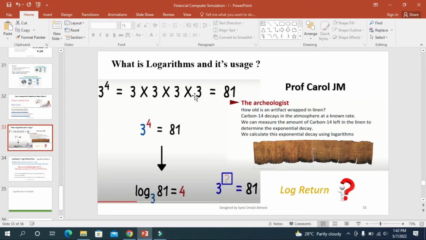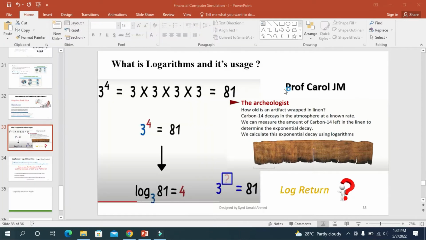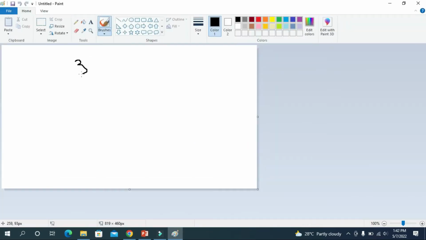This is a very simple concept, but what is the purpose of log here? So let us do this using the concept of log. You just saw 3 raised to the power 4 is 81.